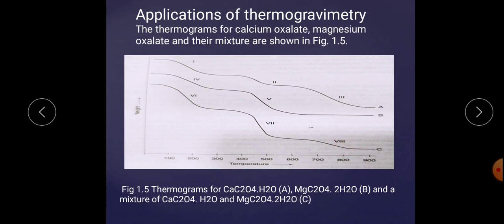So the third step in this C thermogram, the 8th step, can be due only to the loss of CO2 from the calcium carbonate, because in this case in C type we mix both the chemicals.